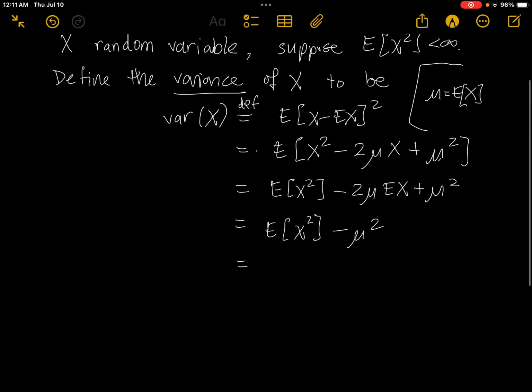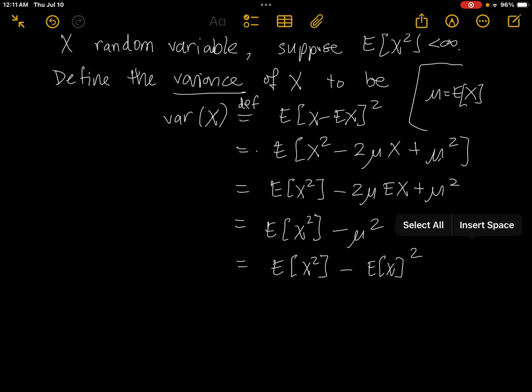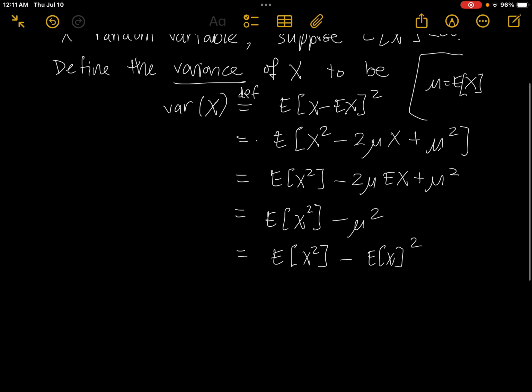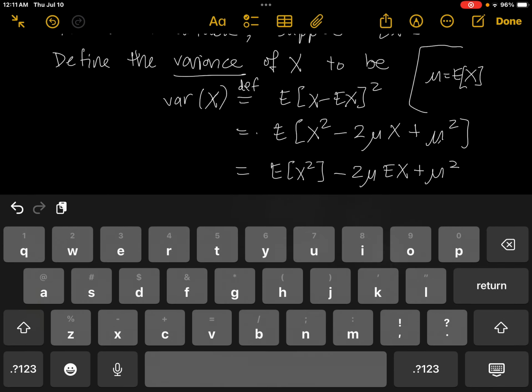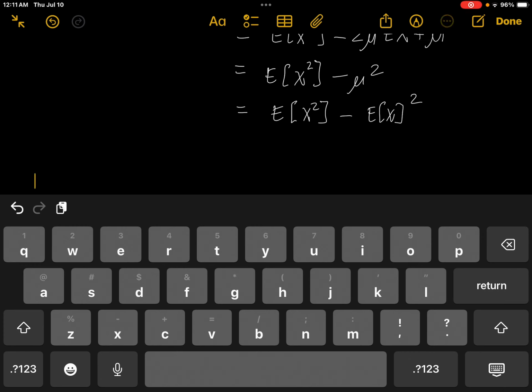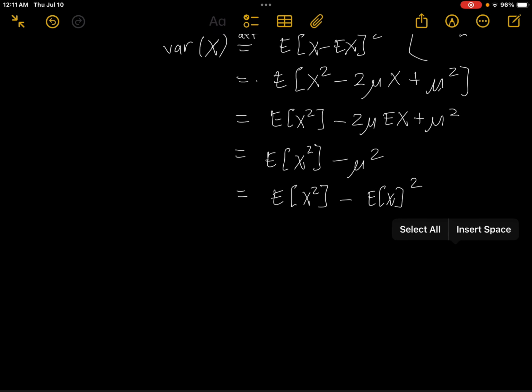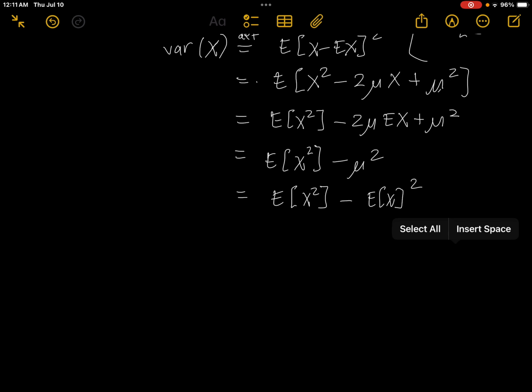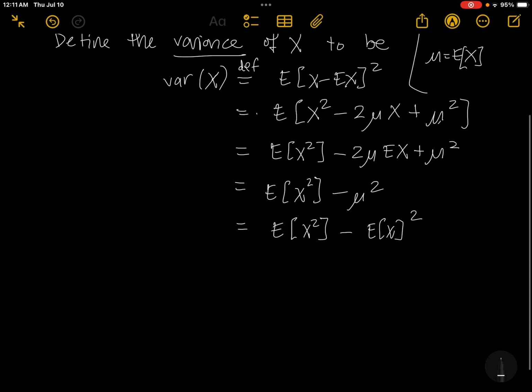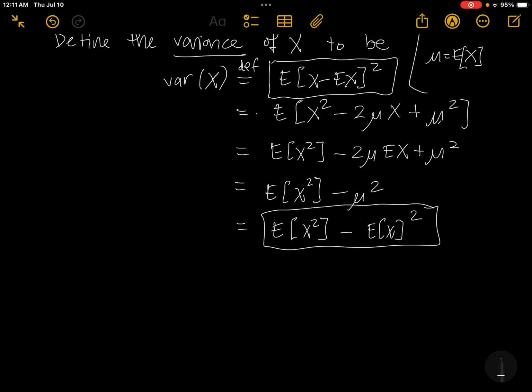In other words, this is the expectation of X squared minus the square of the expectation of X. So there are two ways of thinking about the variance. You can define it this way, or you can define it this way, and they're both equivalent.